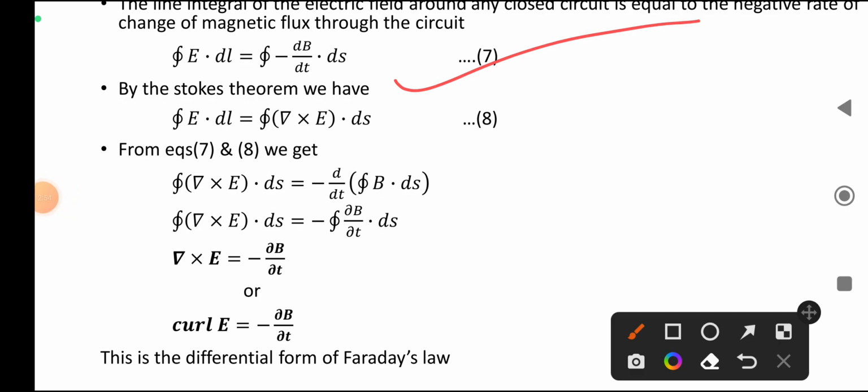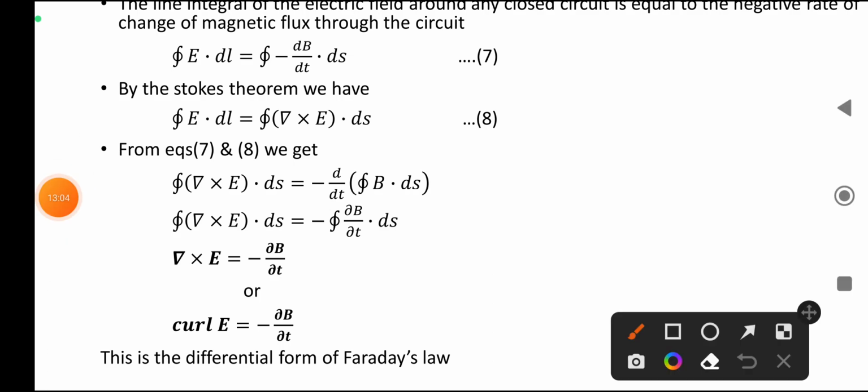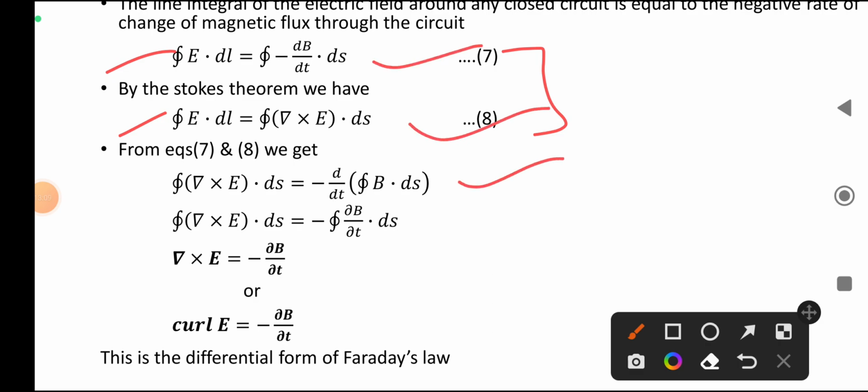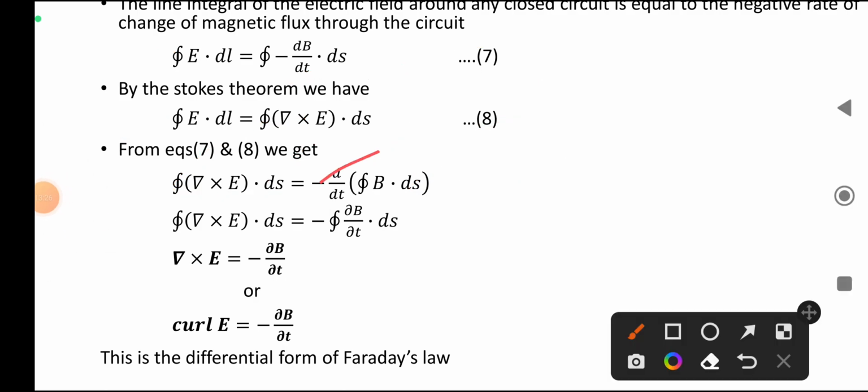Now substitute this term here. Equations 7 and 8 are equal, so this side is also equal. It is ds here and ds there as well. In place of del cross E, what do you have? First multiply the dt inside. Let d become dou, nothing will happen if you write d as dou.